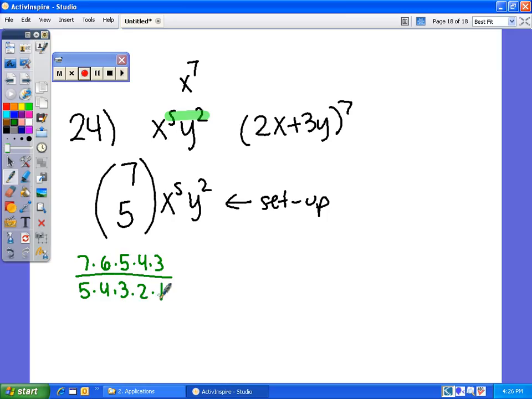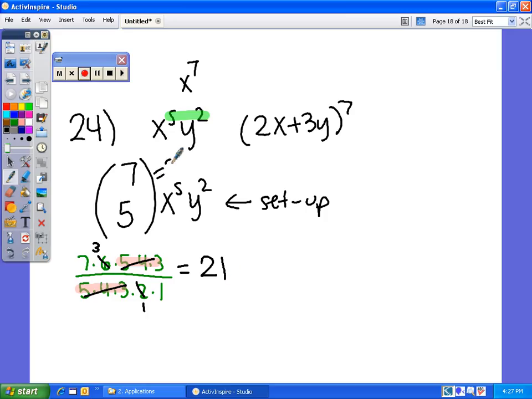Now if you notice, we have 2 sets that are the same. 5, 4, 3 there and 5, 4, 3 there. So we can cross those out. And now we're just left with 7 times 6 over 2 times 1. Well, 6 and 3 are in the same times table. So we're left with 7 times 3, so 7 choose 5 is equal to 21.